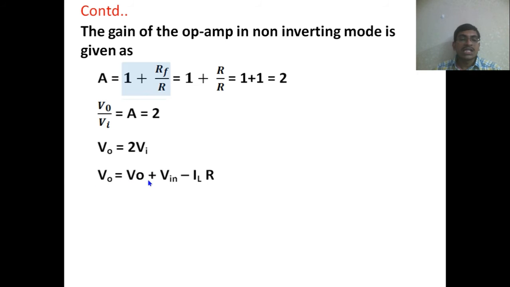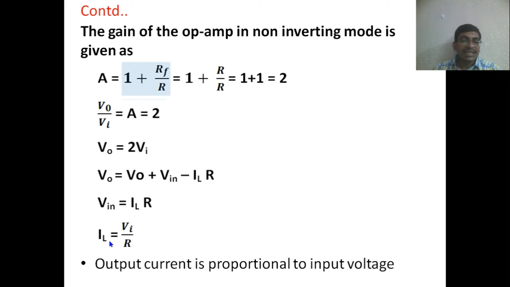Therefore V0 is equal to 2 times (V0 plus VI minus ILR) by 2, that is, V0 plus VI minus ILR. Both sides have V0, which gets cancelled. Therefore VI is equal to IL into R, so IL is equal to VI by R.